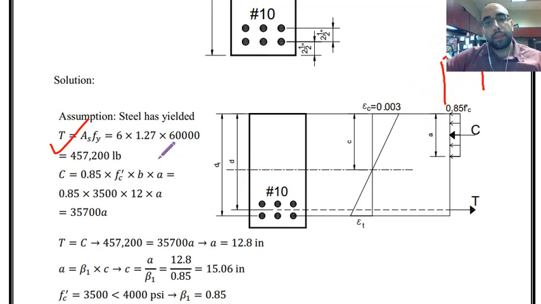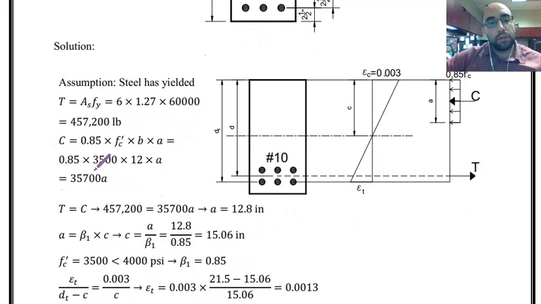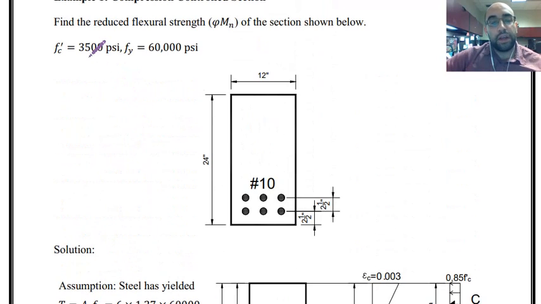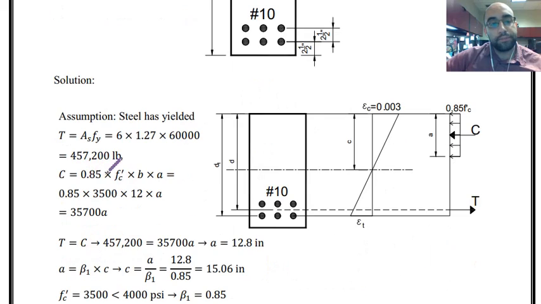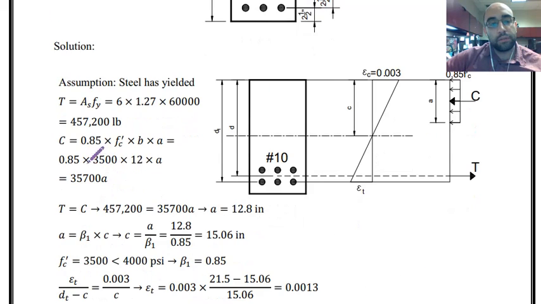So compressive force that we have over here is equal to 0.85 f'c multiplied by width of the section b and then multiplied by a. f'c is given as 3,500 psi. That is written over here. b is 12 inches, that is width of the section.